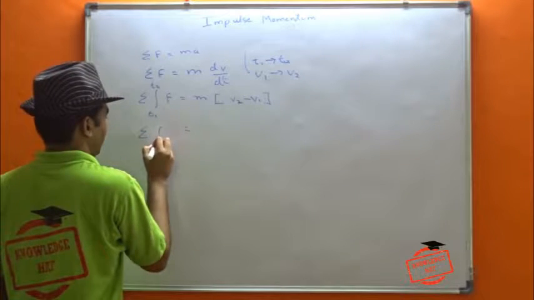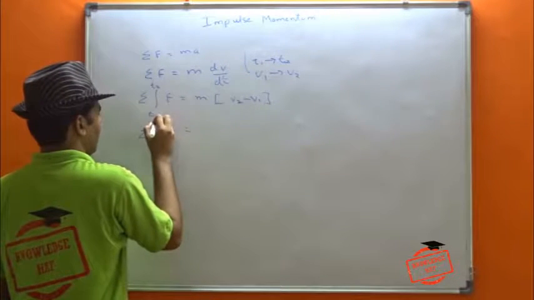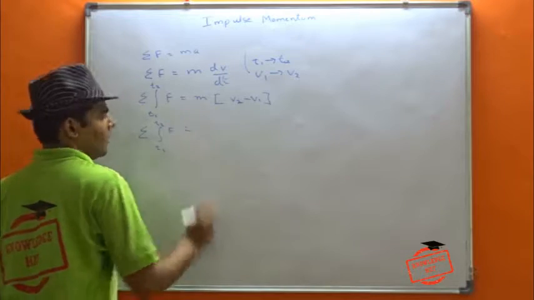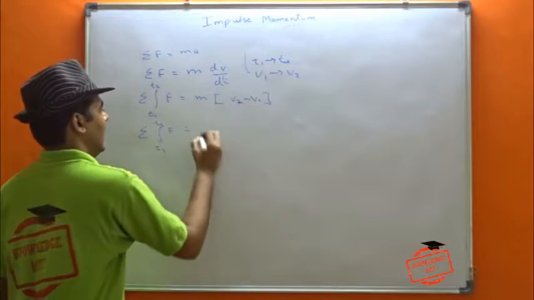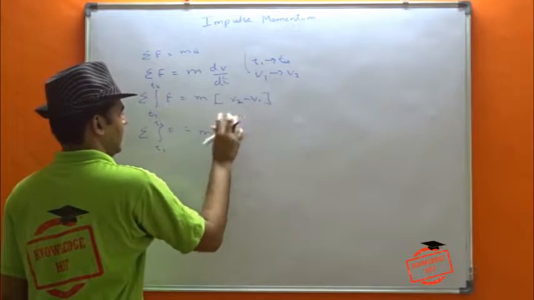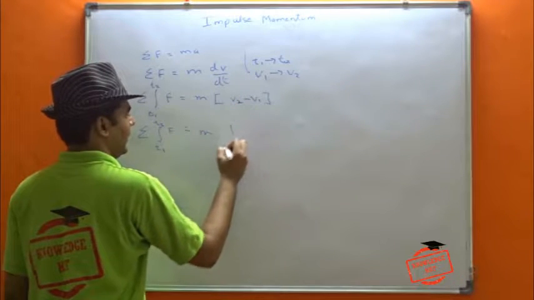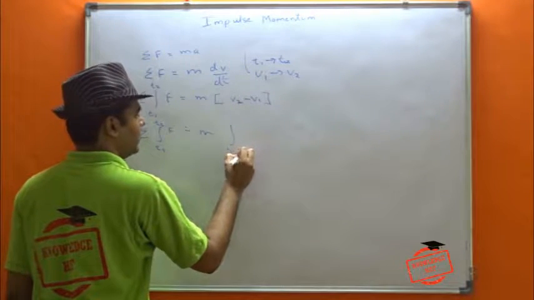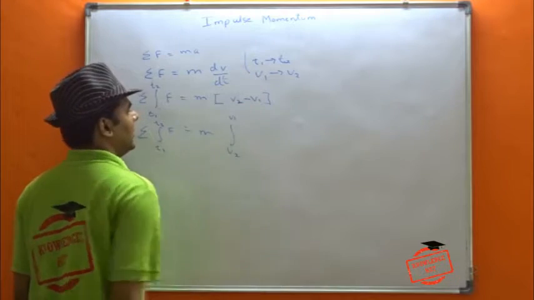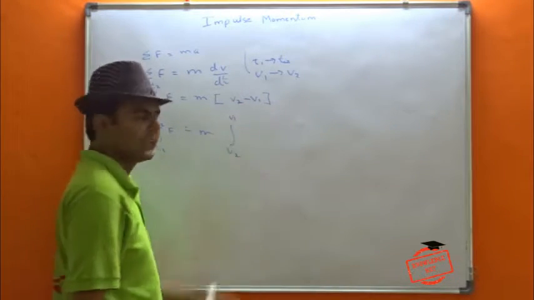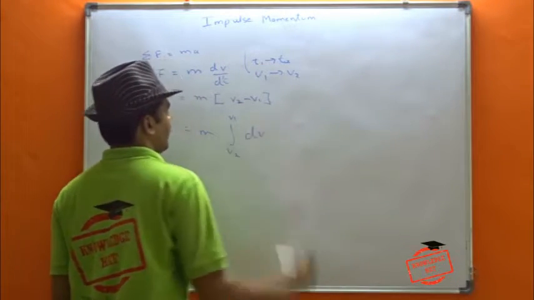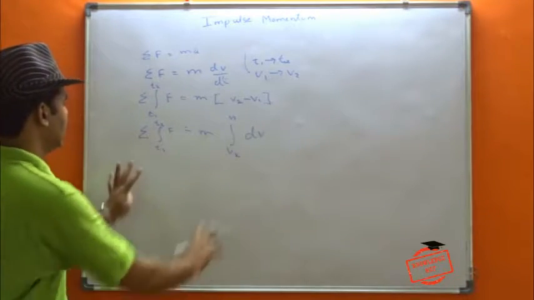The velocity in integral form can be given as changing velocity from v1 to v2, and the term existing here would just be dv. So this is a basic equation.